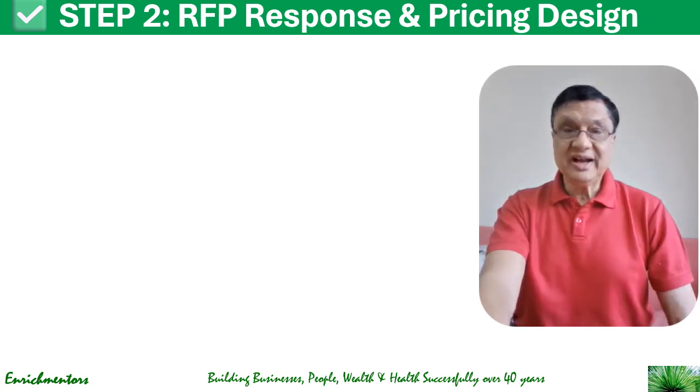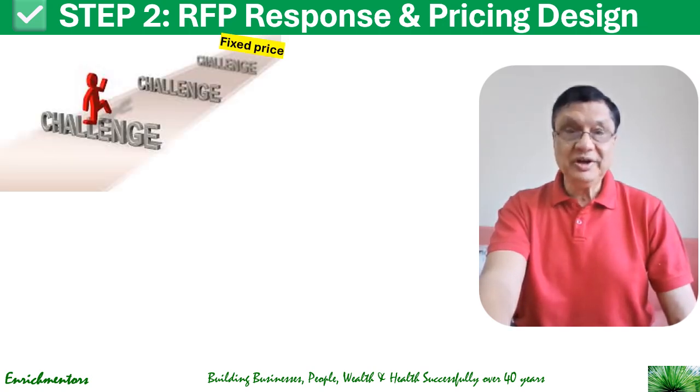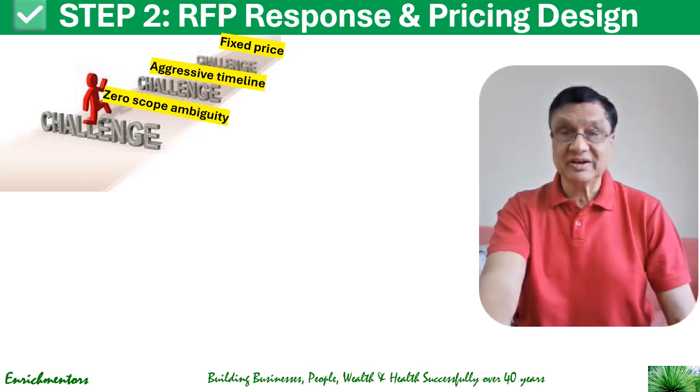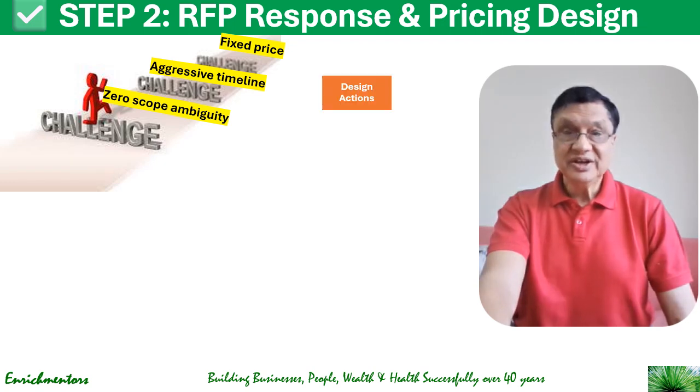Then she created an RFP response and designed the pricing. The challenge there was that the client wanted a fixed price, an aggressive timeline, and zero scope ambiguity, crystal clear. So what did Ananya do? She broke the solution into modules.